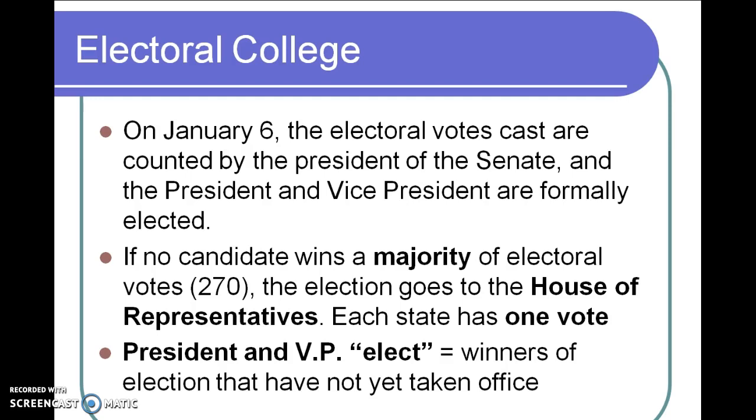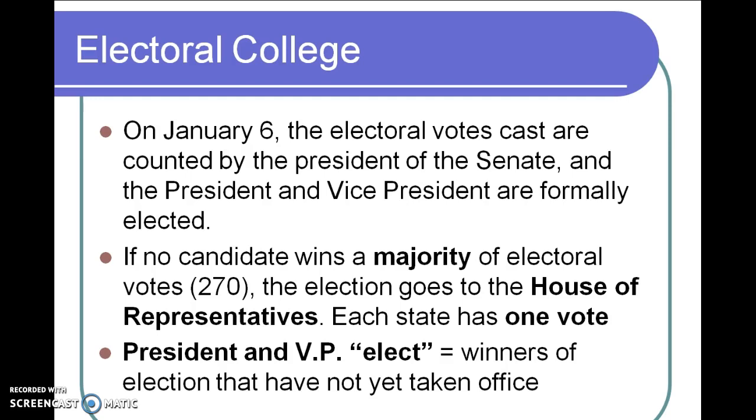As soon as the November election happens, we will call the winners President-elect and Vice President-elect. At the same time, Barack Obama this year will be a lame duck after the election. We know that he cannot win. He has term limited himself out.